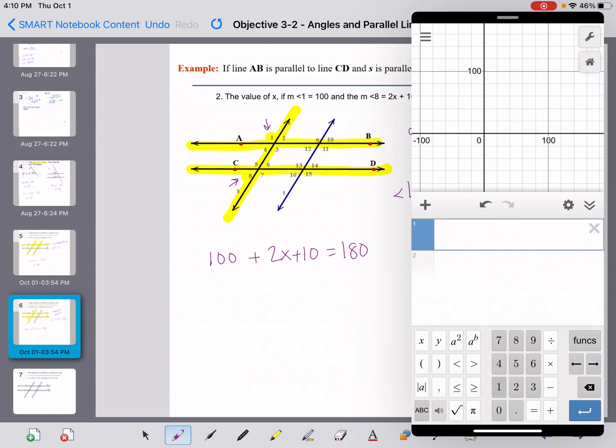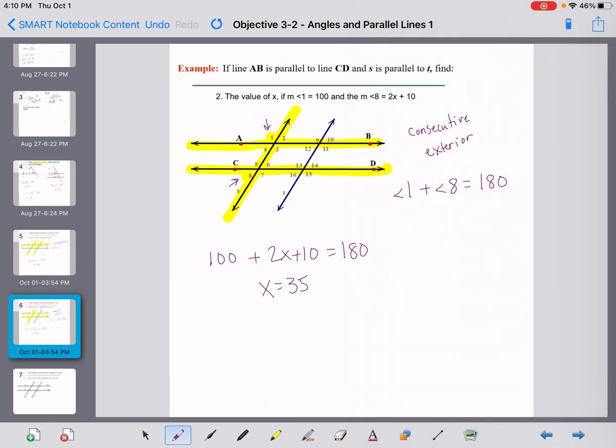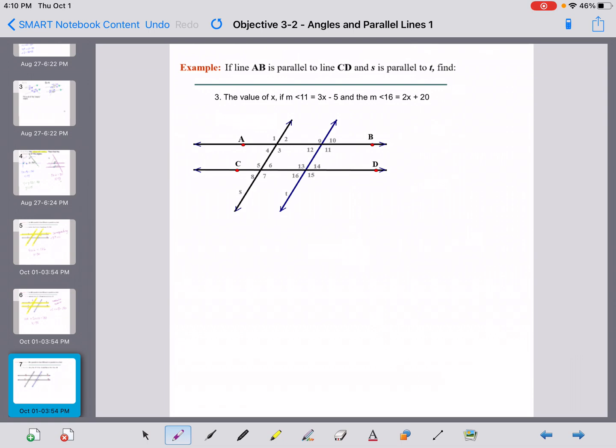See what Desi's got to say about this. Equals 180. And Desi tells me that x is 35. All right, so glad I have my best friend there with me.